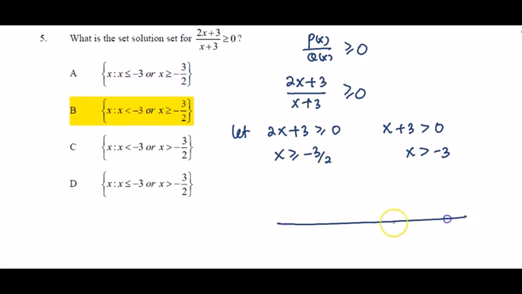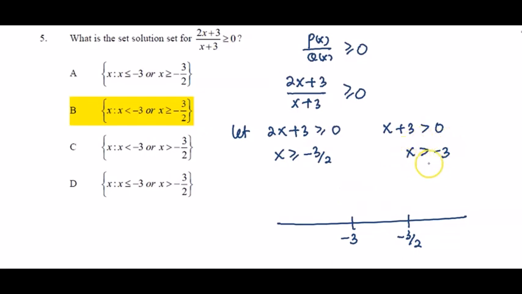So once you solve this, you can draw your number line. Remember to arrange your numbers from the smaller number to the bigger one. So compare negative 3 over 2 and negative 3. Of course, negative 3 is the smaller value, and this is negative 3 over 2. According to the interval that you have solved, you sketch your arrow.